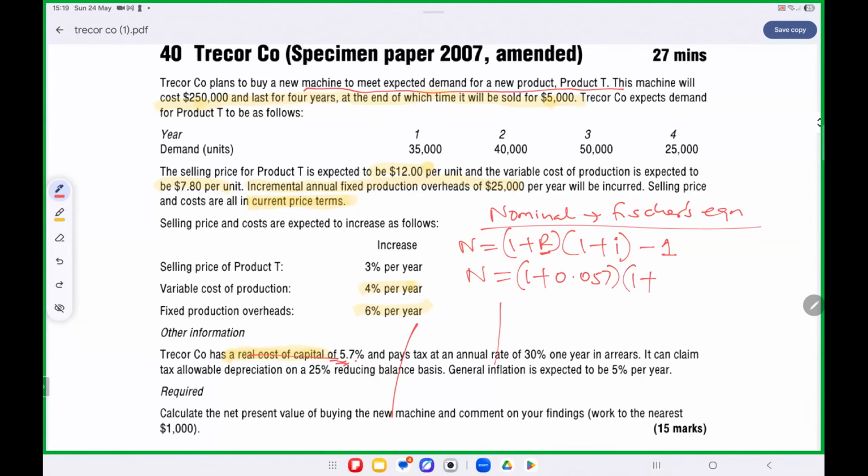Don't use these increases here. You're given here general inflation is expected to be 5%. I is general inflation. So are you able to give me this N pretty fast, ladies and gentlemen, by saying there 1.057 times 1.05 minus 1, whatever you get, you give me an answer, my good students.